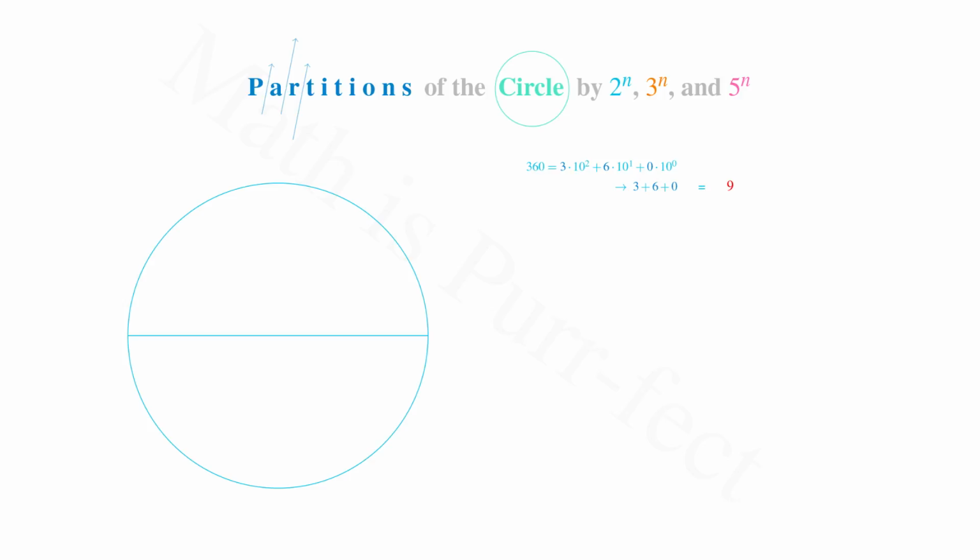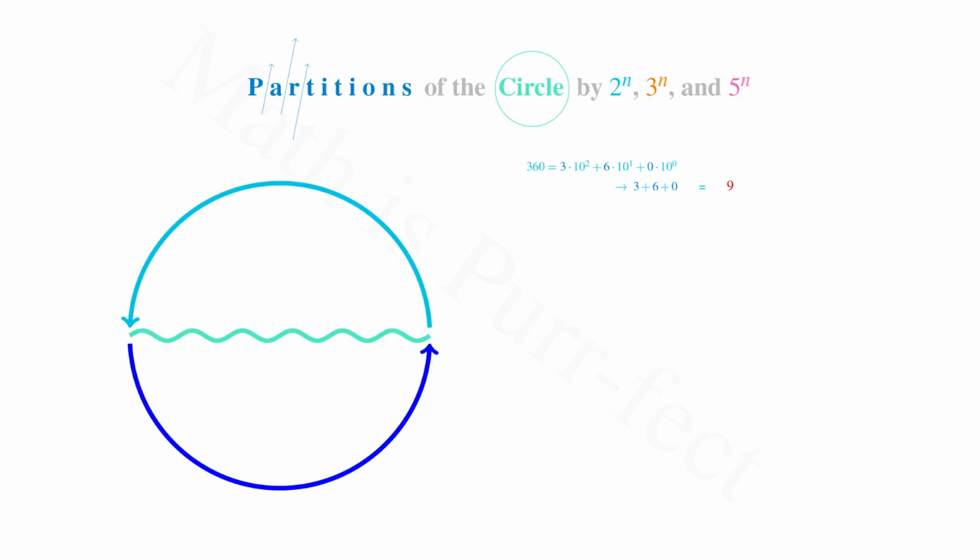Division of the circle in 2 evokes the firmament into which the vibrational word brought forth the physical realm, this being 180 degrees from true nature or cosmic unity, breaks down as the sum of 1 times 10 squared, plus 8 times 10 to the first, plus 0 times 10 to the 0th, and summing 1, 8, and 0 gives us 9 yet again.